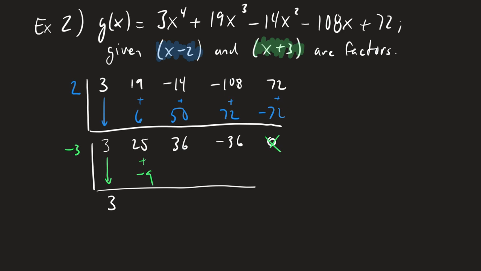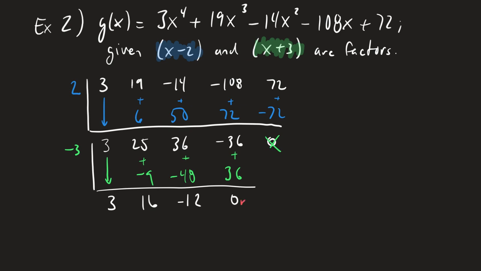Add, that gives me 16. Negative 3 times 16 is negative 48. Negative 48 plus 36 is negative 12. Negative 12 times negative 3 is positive 36, which is awesome, because that gives us 0. And so that confirms that x plus 3 is indeed a factor of our original polynomial.